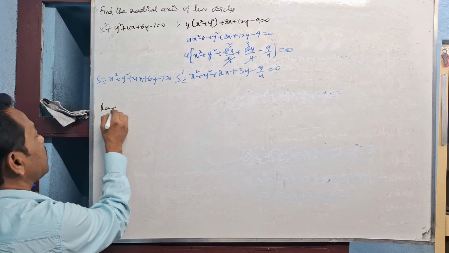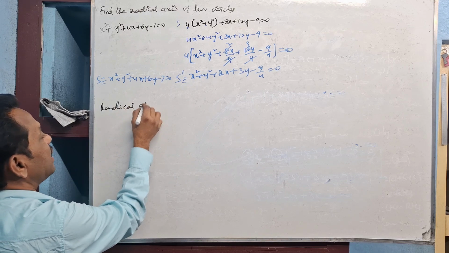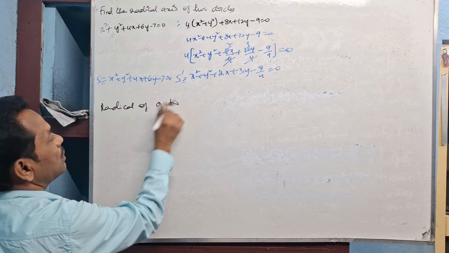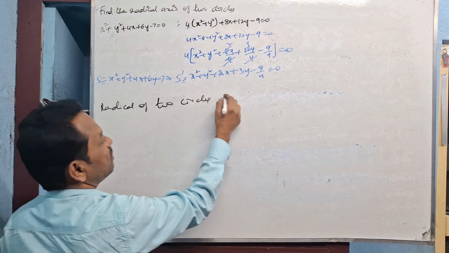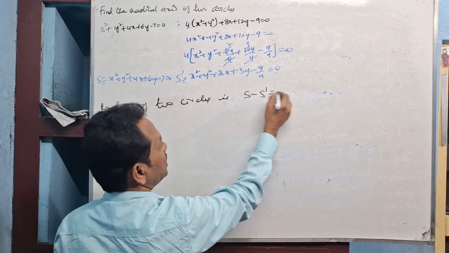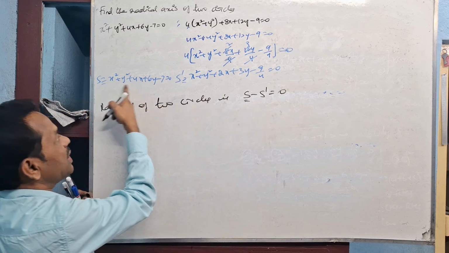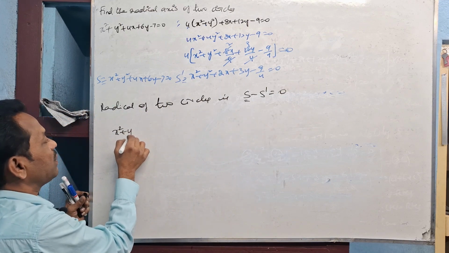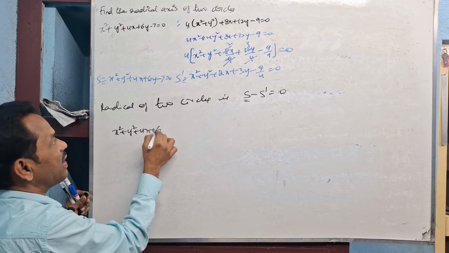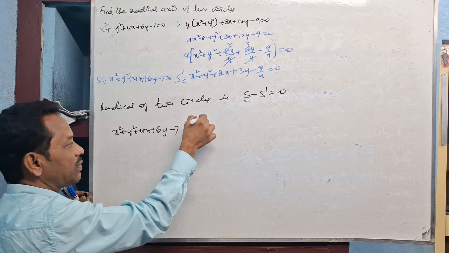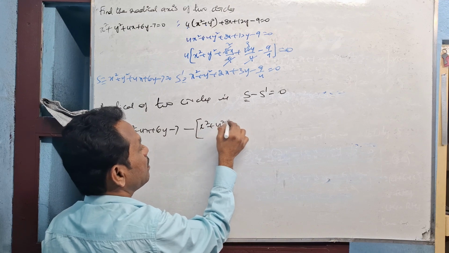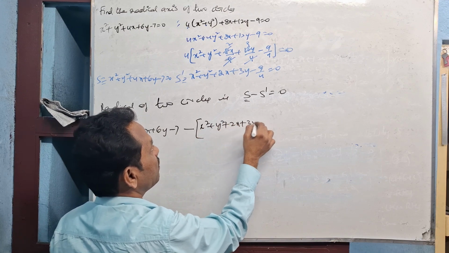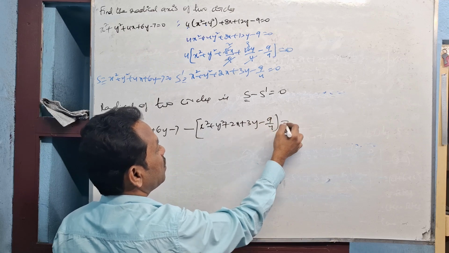So the radical axis of 2 circles, we already know the formula, is s minus s dash equals 0. The value of s is this. So let me take x square plus y square plus 4x plus 6y minus 7, minus, let me take the second circle, x square plus y square plus 2x plus 3y minus 9 by 4 equals 0.